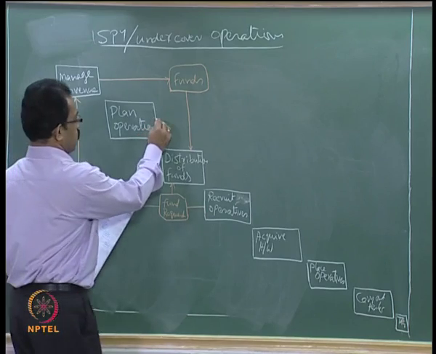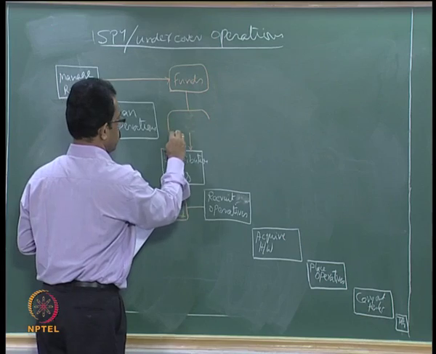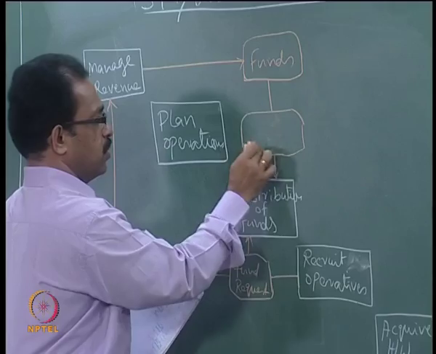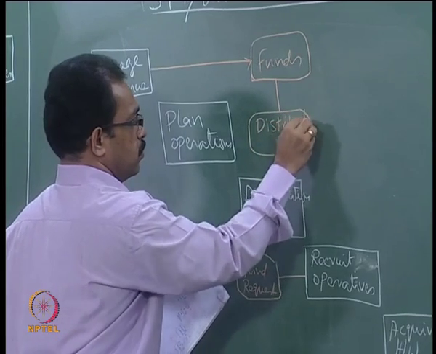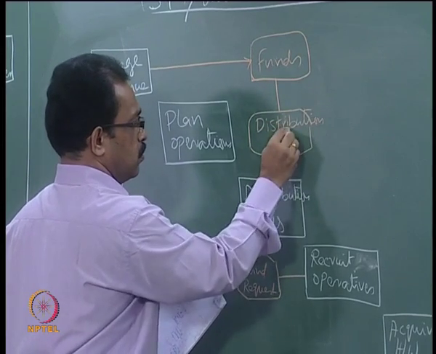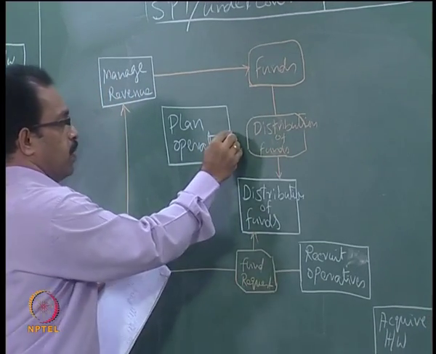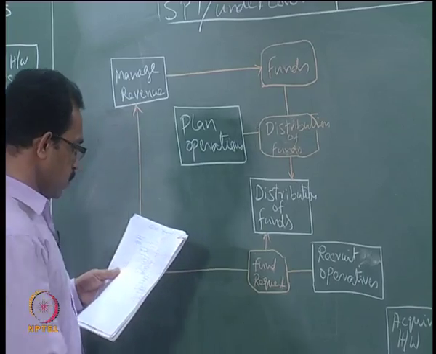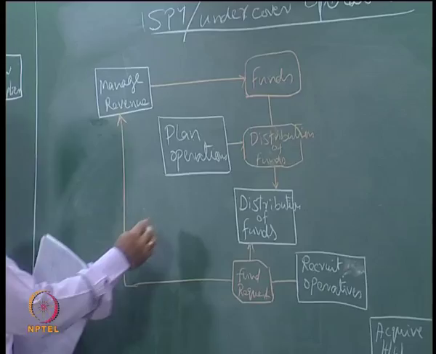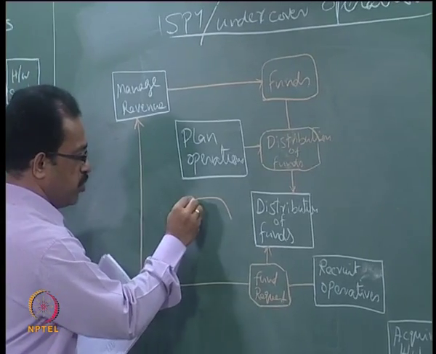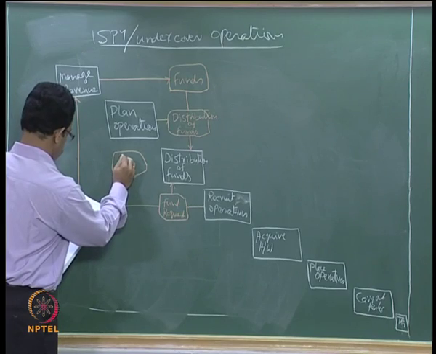And here of course there will be a distribution of fund function. So the distribution of funds will be carried out here, distribution of funds, and then there will be a feedback about the availability of fund status.